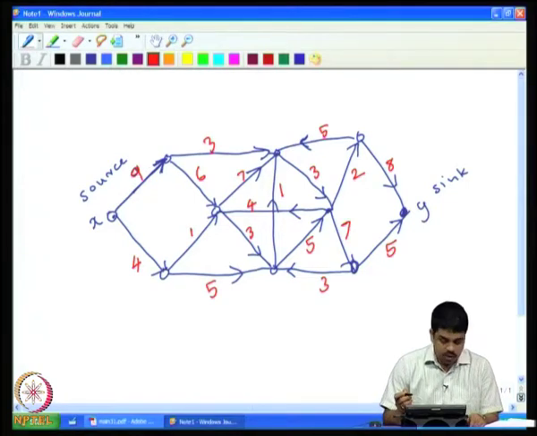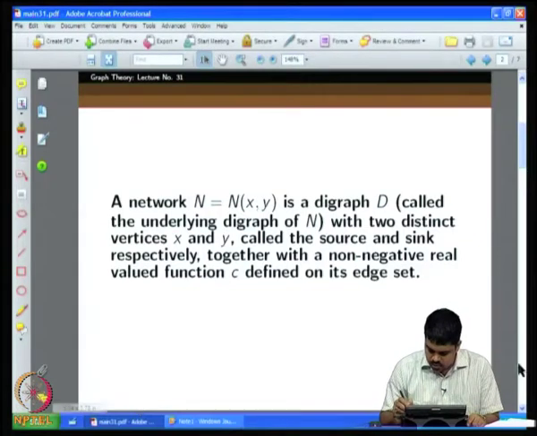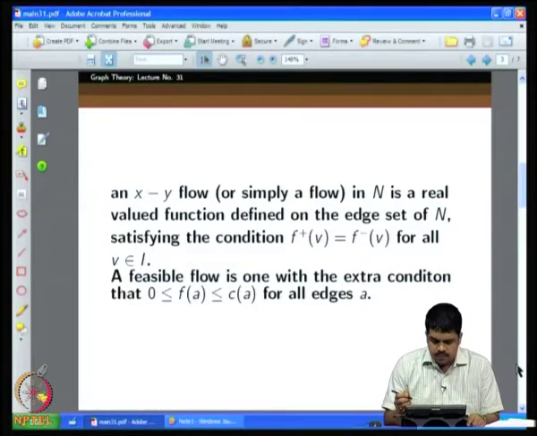Now, let us say what actually is a flow. A flow is defined on such a network. The flow is again a function defined on the set of arcs.